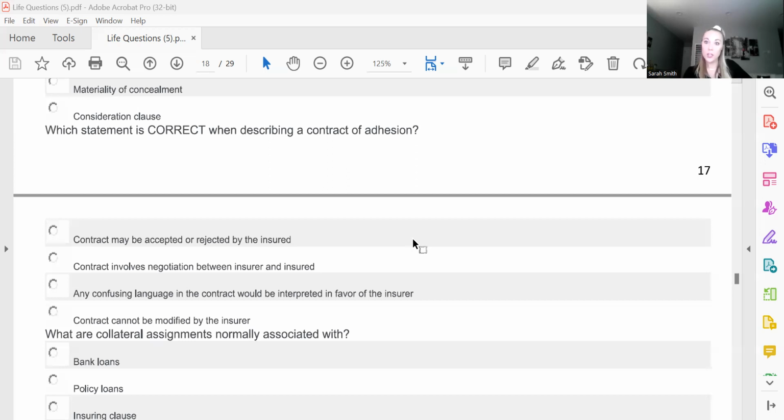These are all of my representations that I'm making. The company takes a look at my MIB, my consumer report, everything, and says, okay, for $250,000 of coverage, you have to pay X per month.